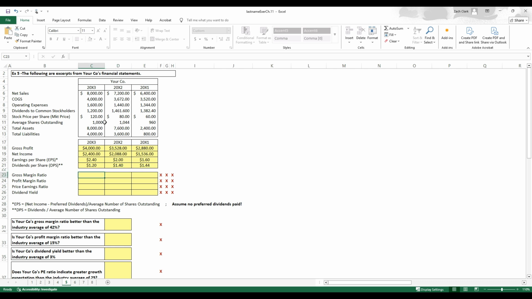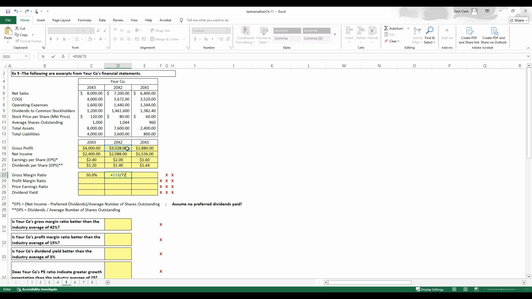Okay, so now let's go through and get our gross margin ratio. So we take our gross profit divided by our net sales to figure out how much of our net sales we're actually keeping.